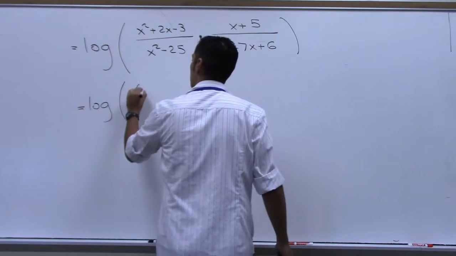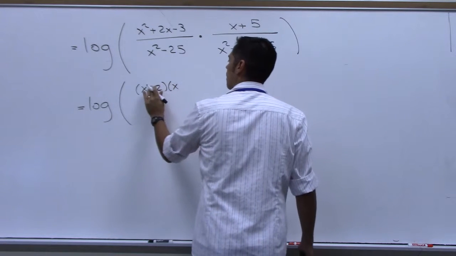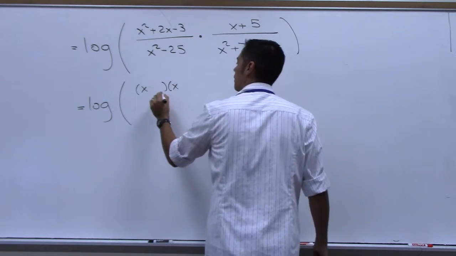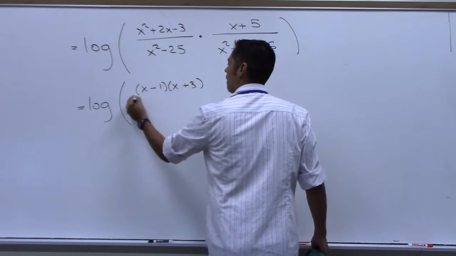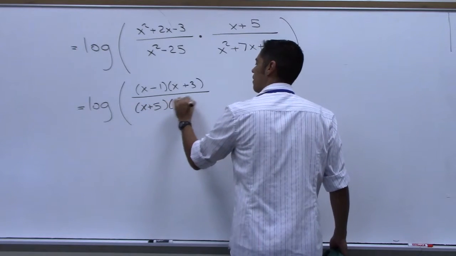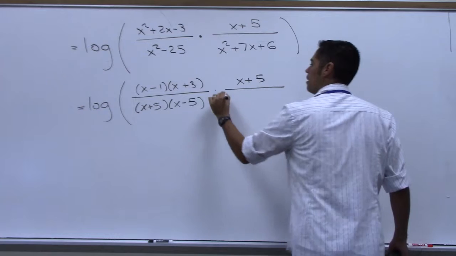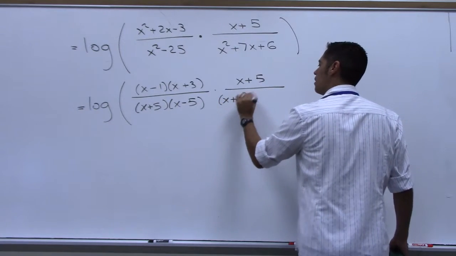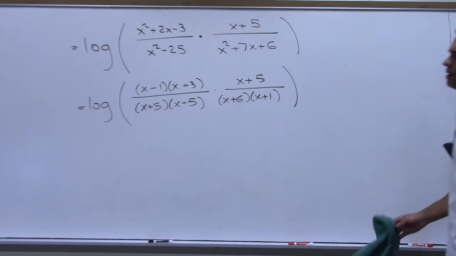So x squared minus 25 is x plus 5, x minus 5.